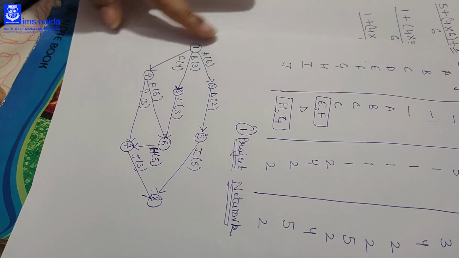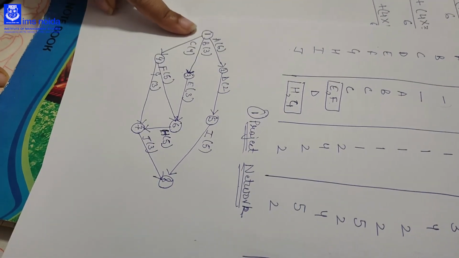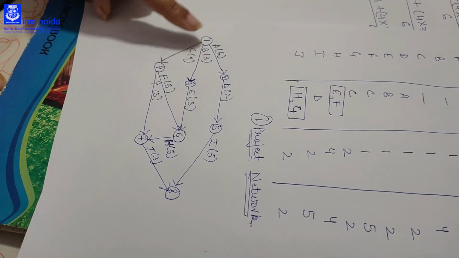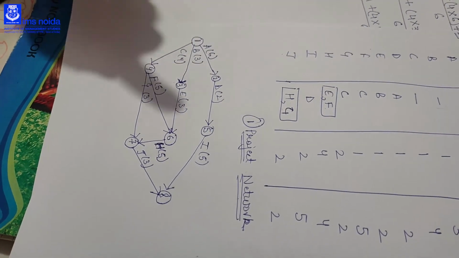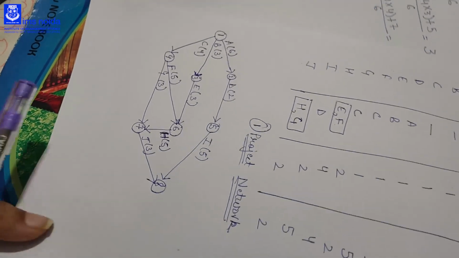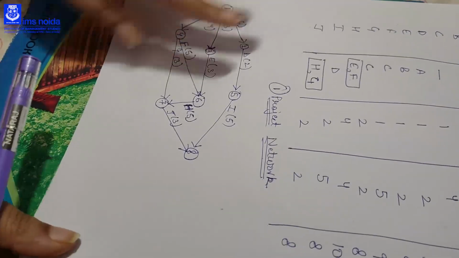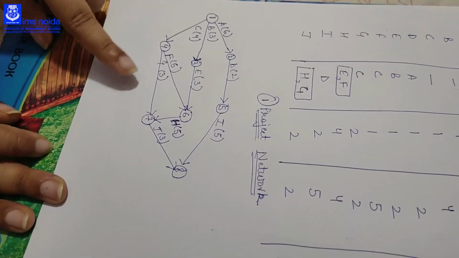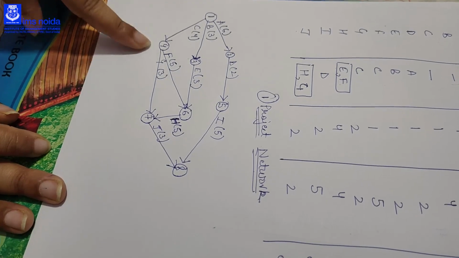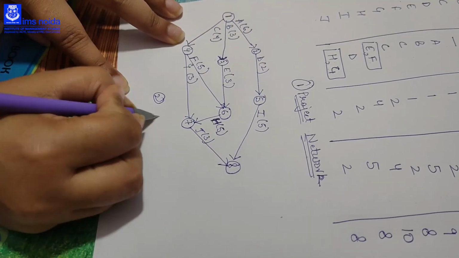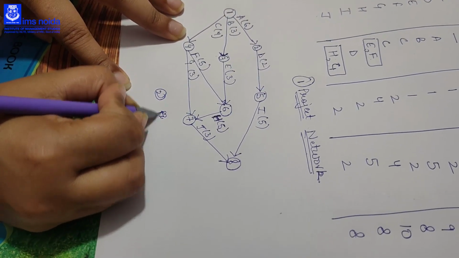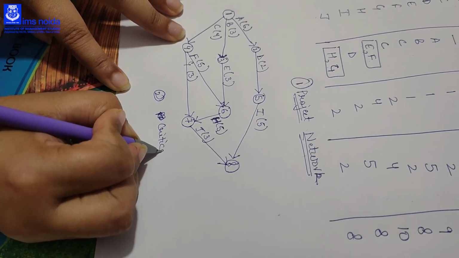But there the duration is given directly, whereas in the PERT, project evaluation method, we have to find the durations, and I have explained how we can find them. So now you have found the durations. Again you have to do the same thing, that is finding the project critical path.